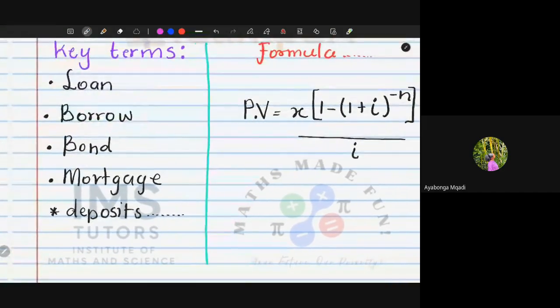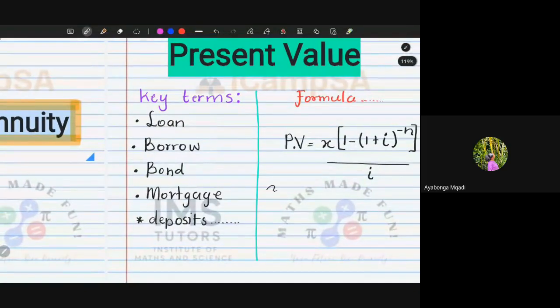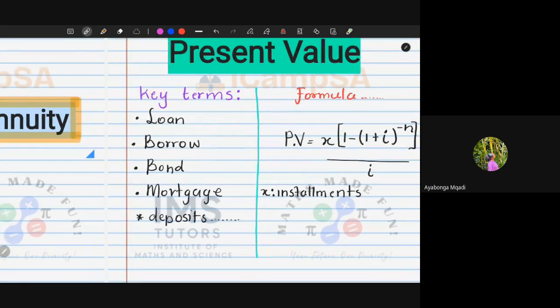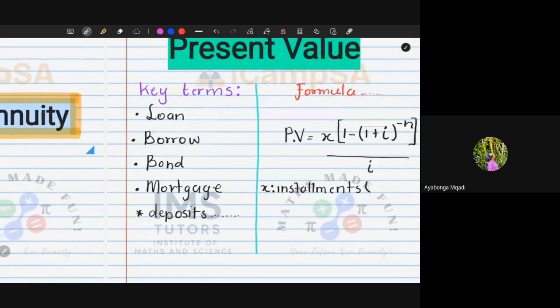When we're dealing with present value, our X will indicate the installment, essentially the money which we put into the bank. But you should remember that because we are dealing with loans and money which we borrowed, these installments would be repayments.